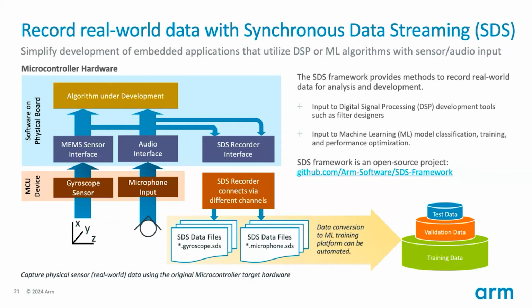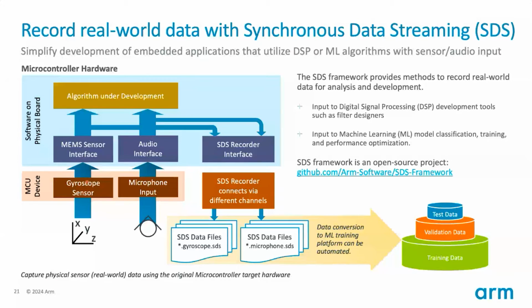So what is happening here? We have a real-life microcontroller device with, for example, a gyro and a microphone input, and we feed this data through the MEMS sensor device and the audio device to the algorithm under development. At the same time, we are recording this data with the SDS recorder interface, which can connect to different channels.